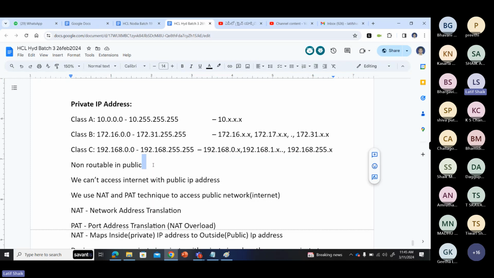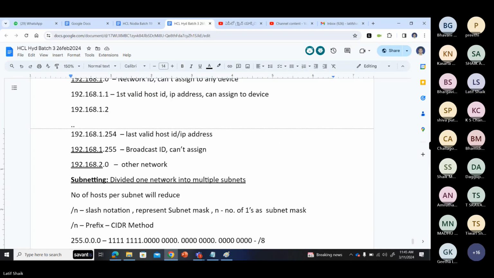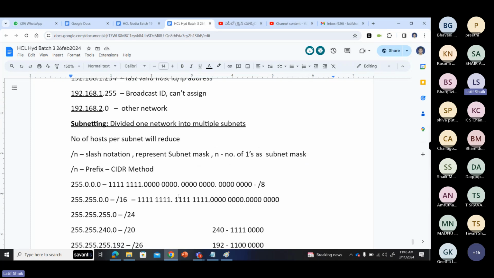If you check my IP address, it is a private IP address used to communicate within the local network. So these are the different ways of best utilizing our IP addresses. I will get back to this private IP later.